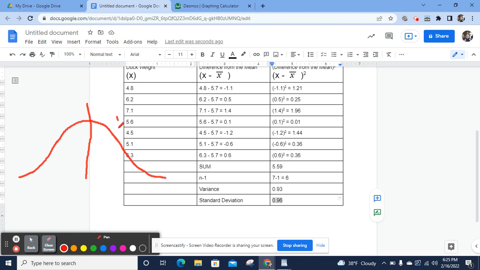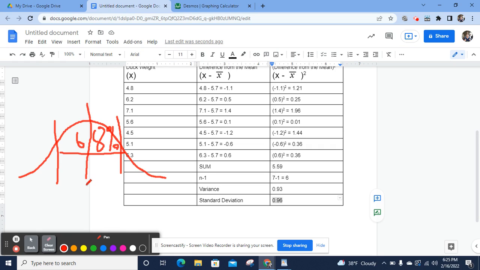We can split this shape up, and between here and here is going to be about 68% of all the ducks. So about 68% of the ducks are going to be within one standard deviation of the mean.